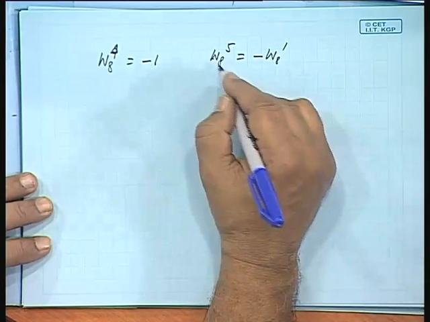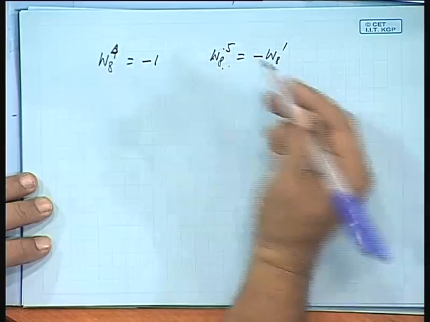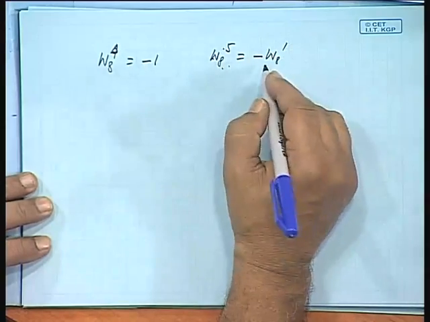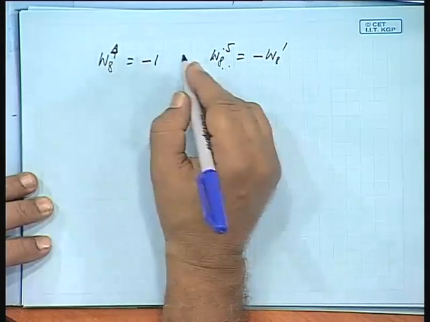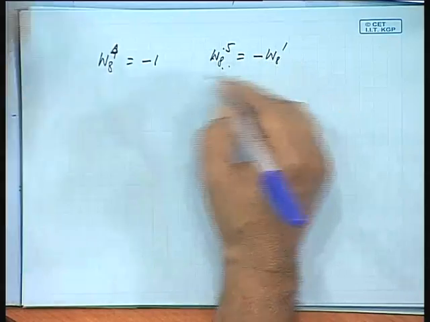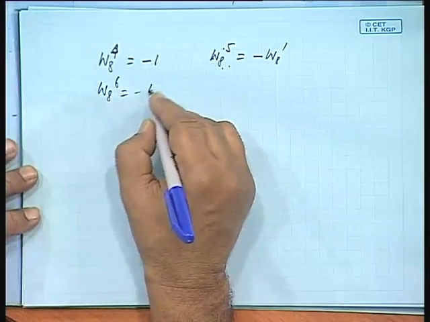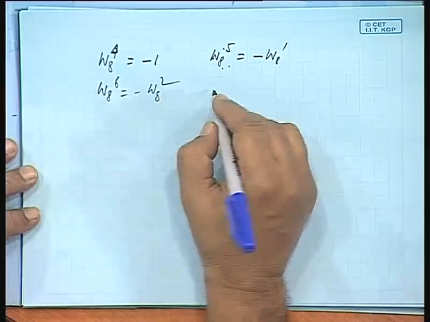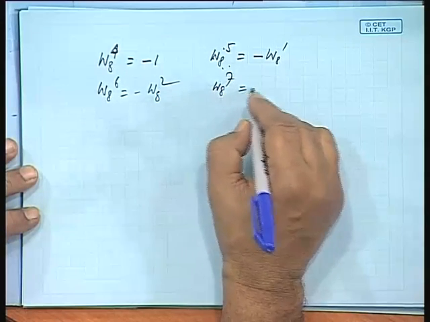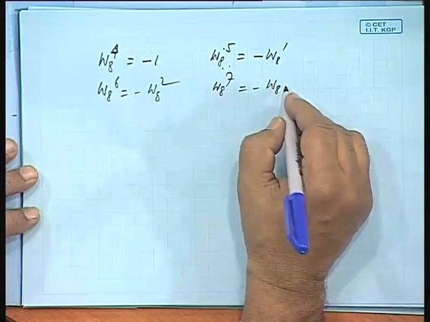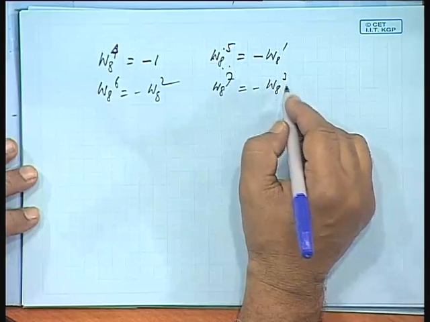All right, I can write this as W_8^4 into W_8^1. So, all of them after 4 will be negative of the previous values. So, W_8^6 is minus W_8^2 and W_8^7 is minus of W_8^3. Is that all right?